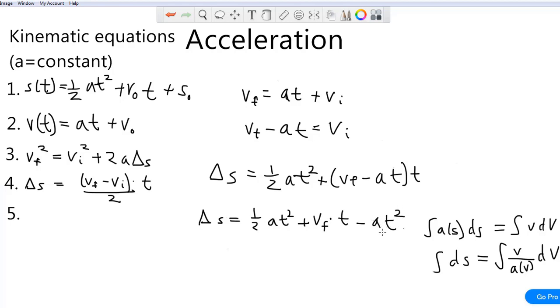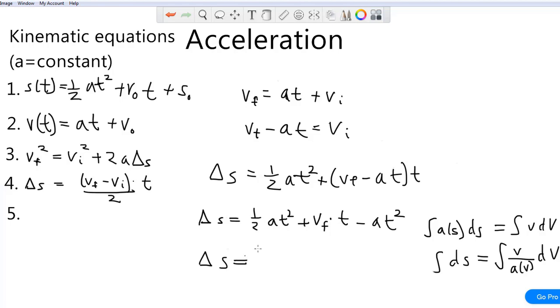So essentially this is almost like an x, and this is like an x, a half x minus x gives you negative a half x. So when I say x, I'm not talking about the x direction. I'm just saying random variable.